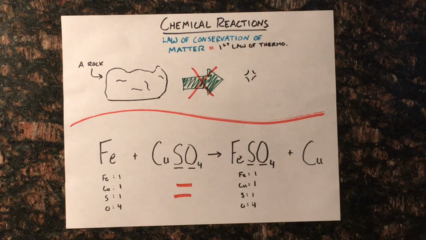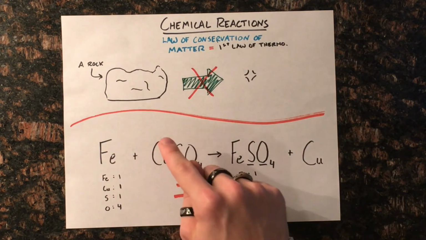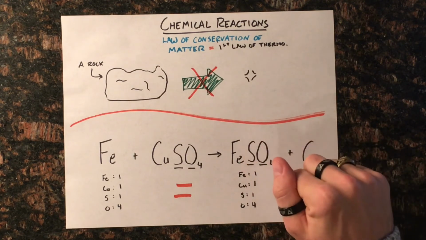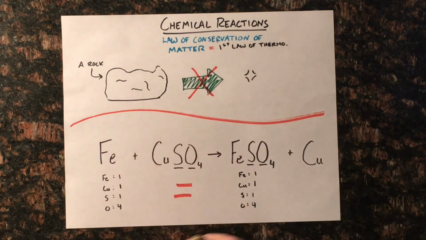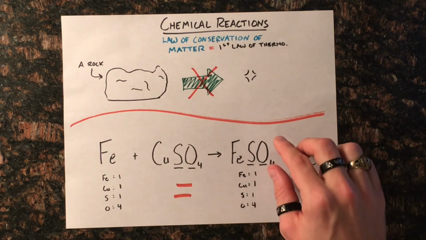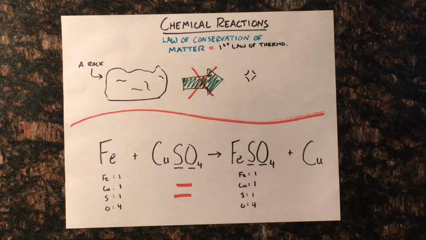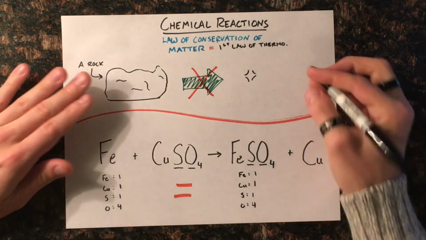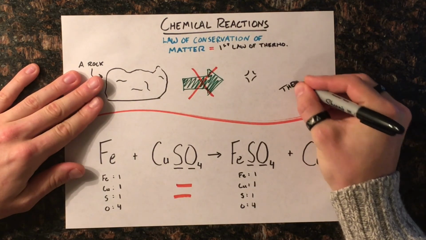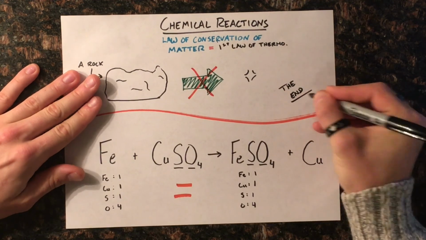Now, we know that that is totally futile, because if there was no gold in the reactants on this side of the equation, then there would never be gold over here. Because if it wasn't already present, then there's no way that you could just blink it into existence on the other side. So if you were thinking about becoming an alchemist and turning lead into gold in your spare time to get some extra cash, well, I hate to break it to you, probably not a great use of your time. And that is the end.